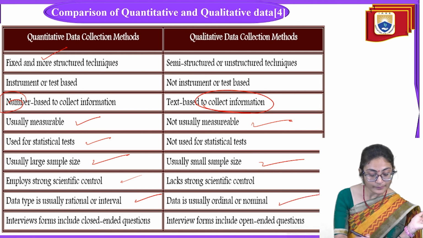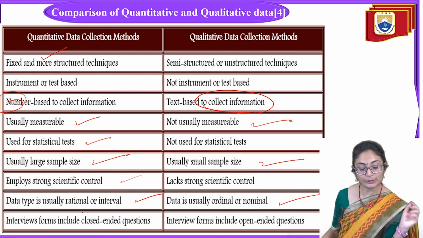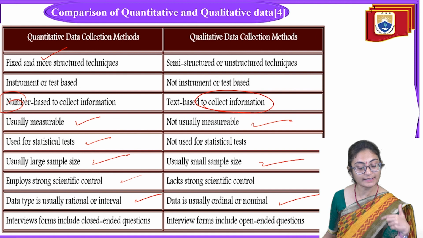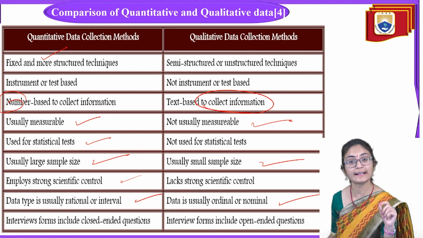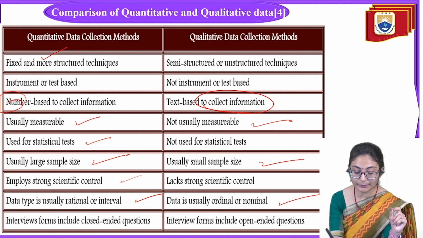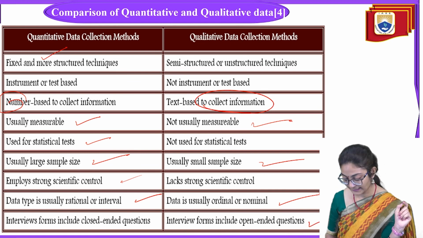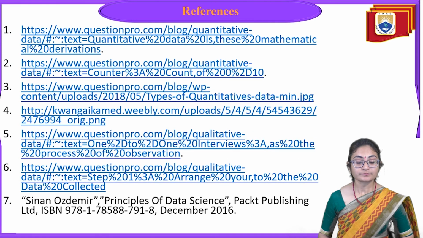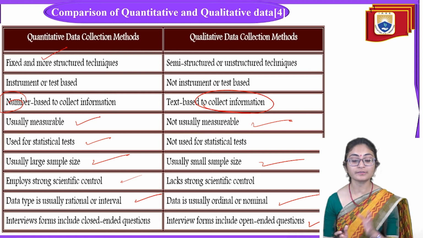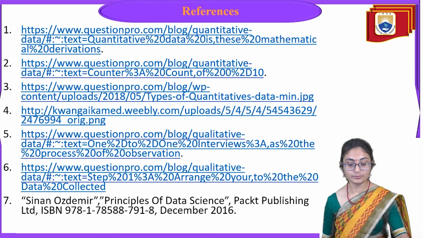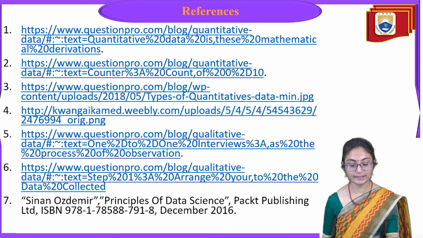Quantitative interviews include closed-ended questions, which means they collect data on the basis of closed-ended questions, while qualitative data is collected on the basis of open-ended questions. This is all about quantitative and qualitative data, and these are some references from which we have collected the data.